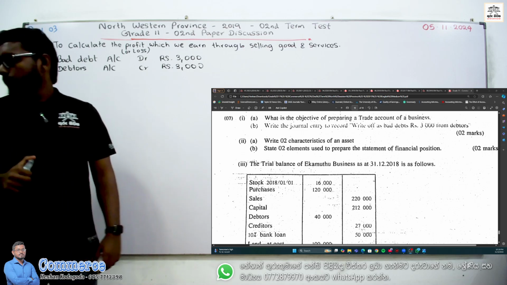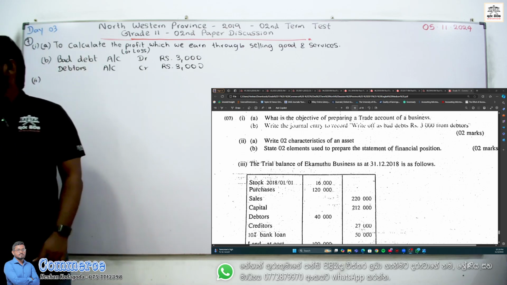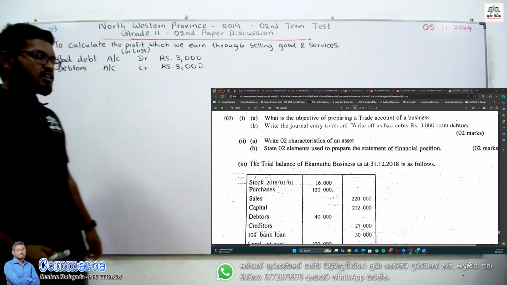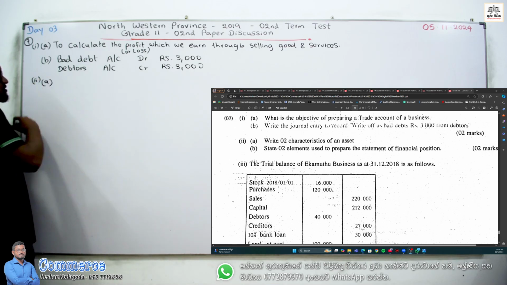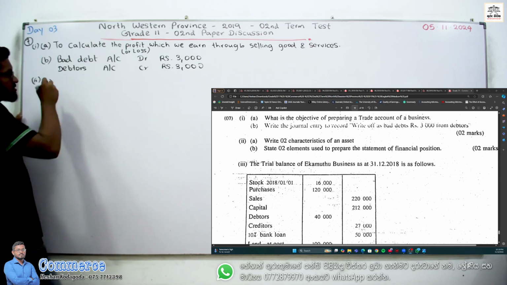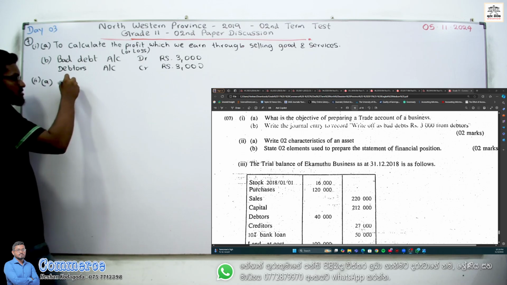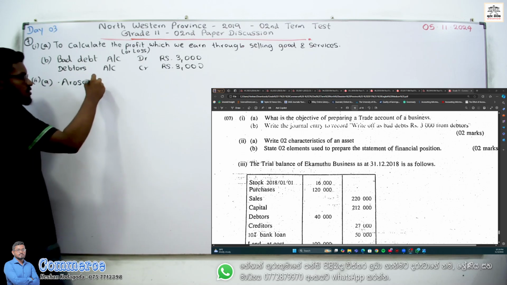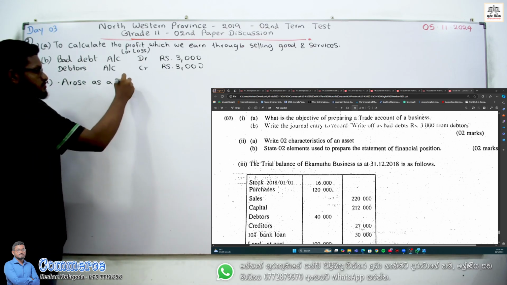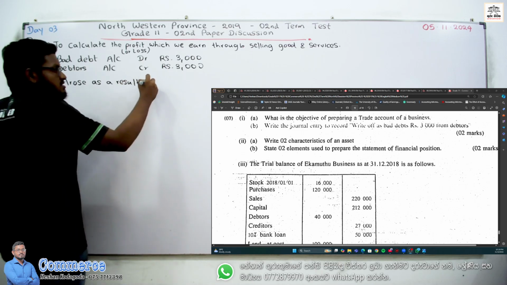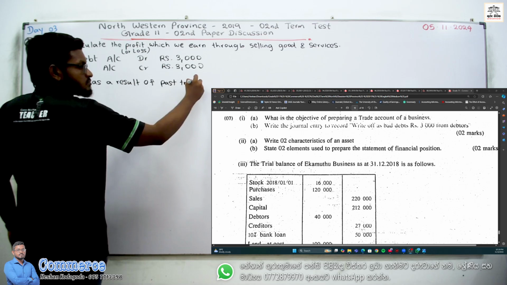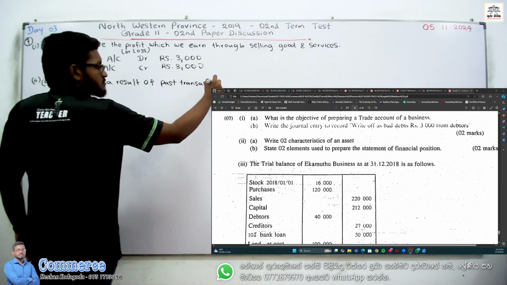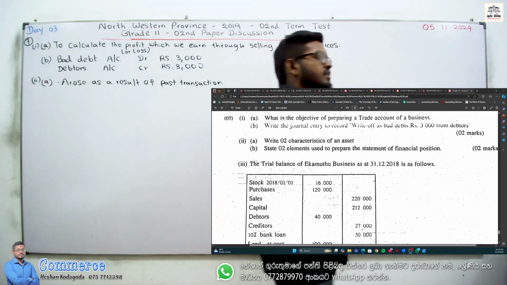Roman number 2. Write two characteristics of an asset. What are the characteristics of an asset? It arose as a result of a past transaction.